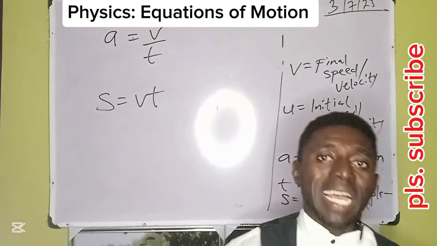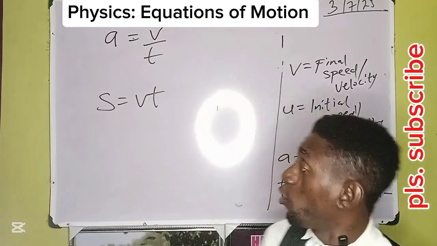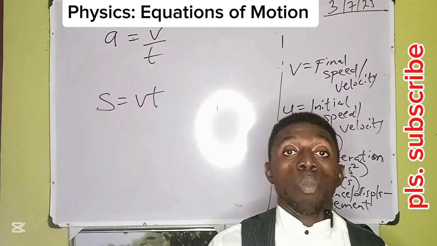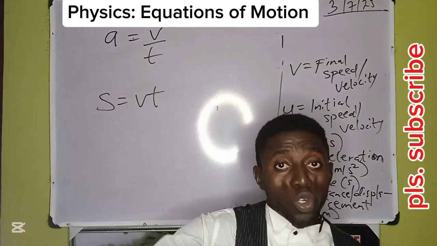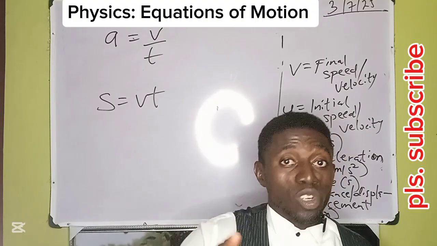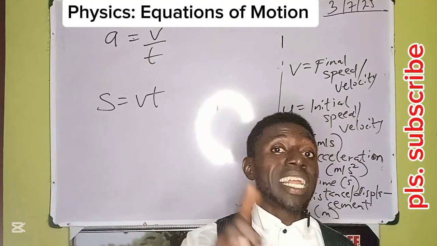But if you keep your formulas this way, you'll be making a grave mistake. You must involve the initial speed in those 2 formulas. Don't neglect your initial speed.